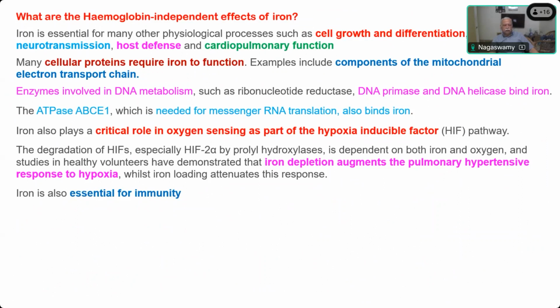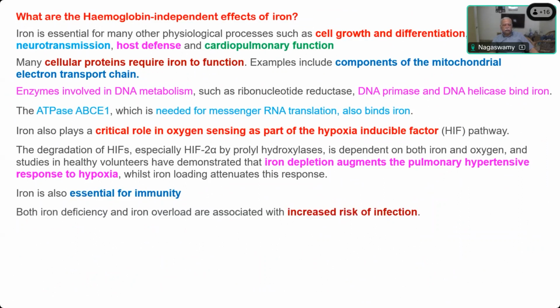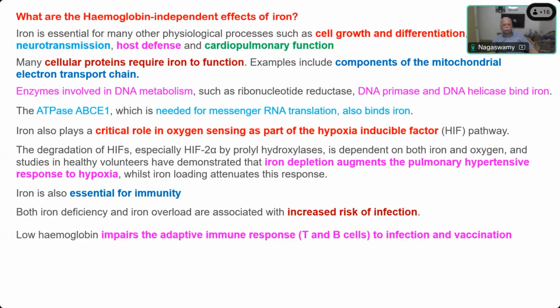And iron is also essential for immunity. Both iron deficiency and iron overload are associated with increased risk of infection. So you should have neither too low iron, nor hemosiderosis or hemochromatosis. Both will cause the suppression of immunity and make the patient more susceptible to opportunistic infections.